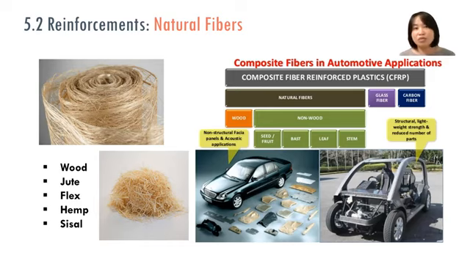And this is renewable fiber, right? For example, wood, jute, flax, hemp, sisal, all this natural fiber is becoming a focus to use more and more in new applications to replace the other conventional fiber, okay? Because it's better for the environment.